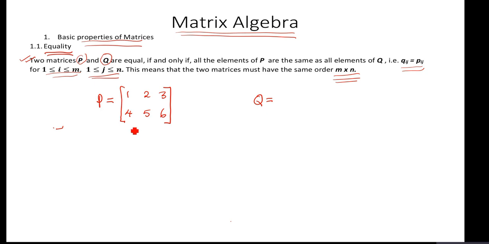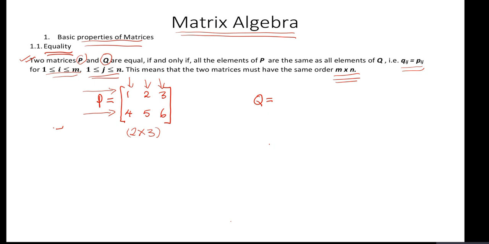The order of that matrix, how many rows do we have? 1, 2 rows, so it's a 2 by how many columns? 1, 2, 3. So this is a 2 by 3. The order of that matrix P is 2 by 3.